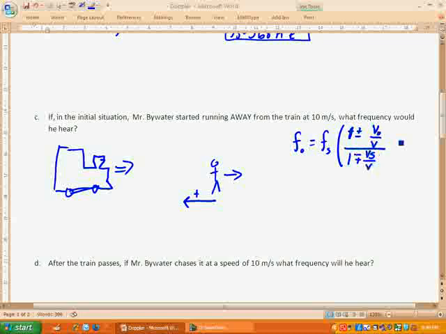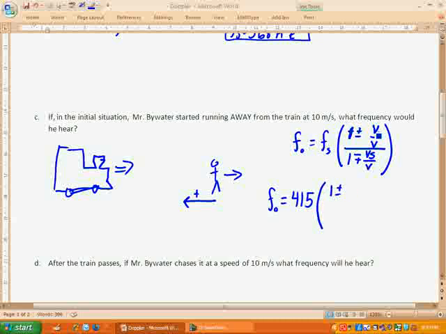So let's go ahead and put those numbers in. The frequency of the observer is going to be equal to the frequency of the sound, still 415 hertz, times 1 plus or minus. Now the velocity of the observer is 10.